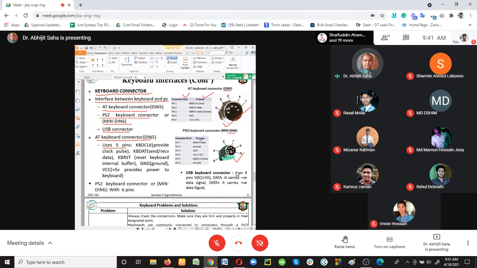Then the KBD data sends and receives the data, and that is pin number 2. The KB reset resets the keyboard internal buffer, and that is pin number 3. The ground is pin number 4. And the last one, VCC, provides the power to the keyboard, and P4 is for the ground.